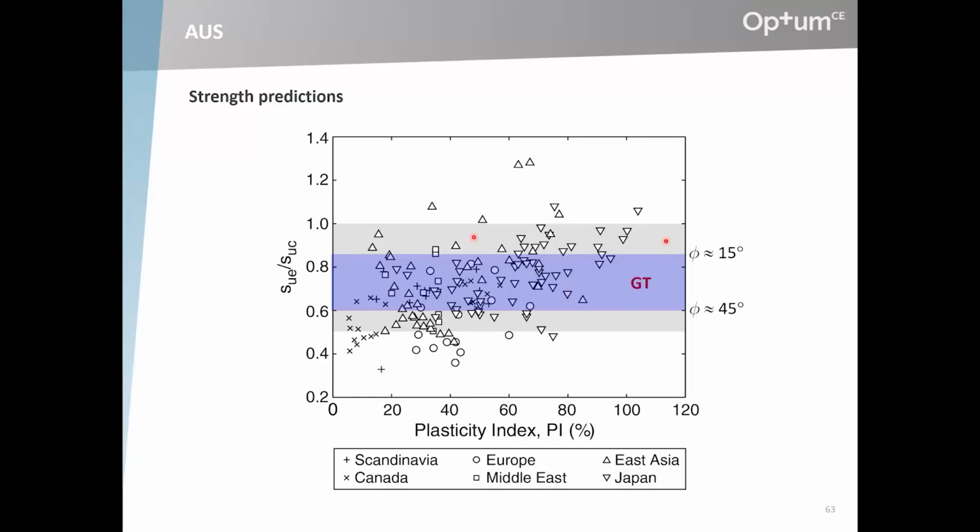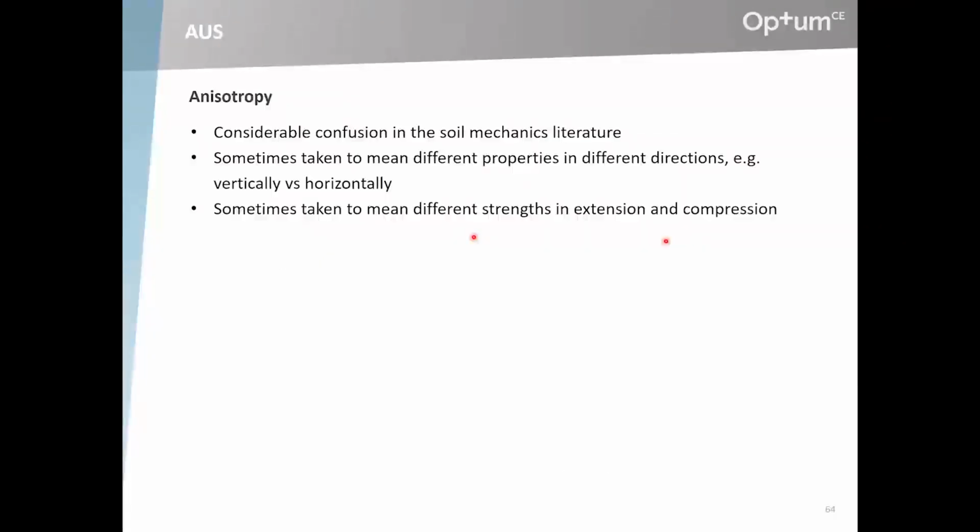So the question is how to make sense of that type of data, those types of materials with very low extension to compression ratios. And one of the ideas that people have had, so this is not really an original idea of mine, is to look at the possibility that these materials may sometimes be anisotropic.